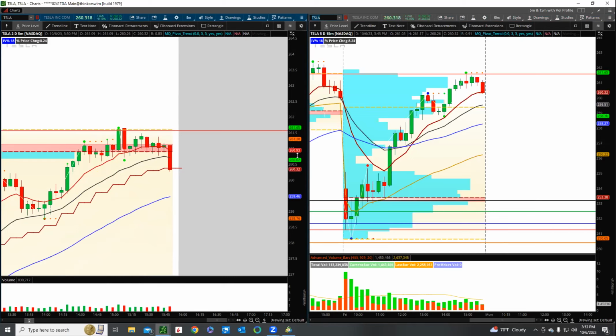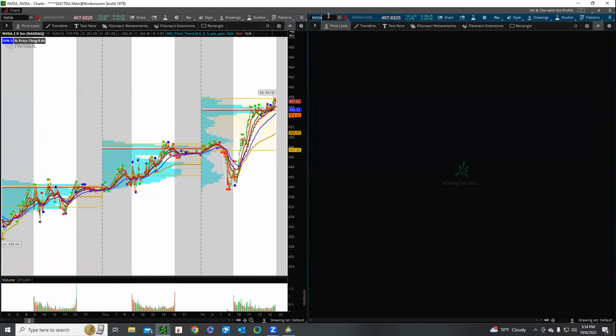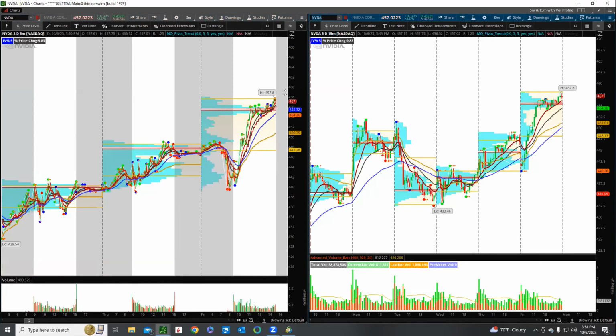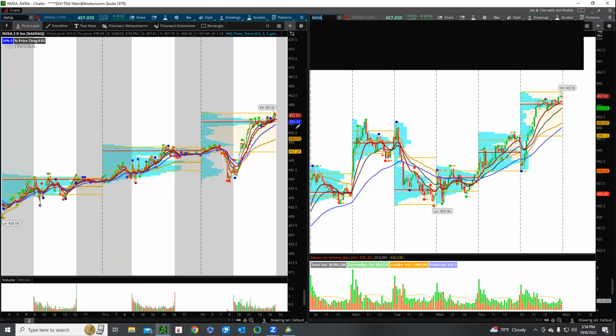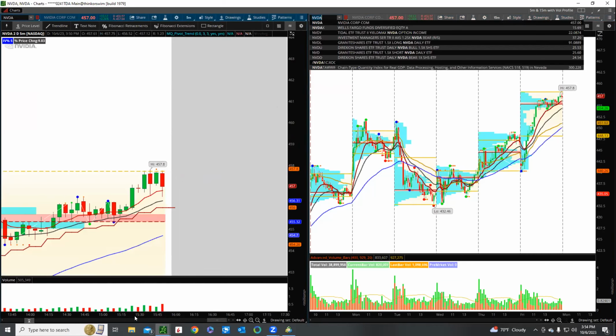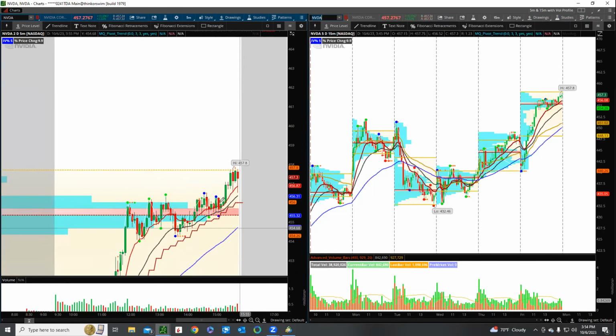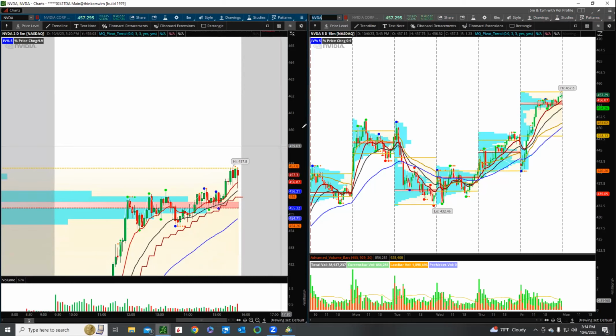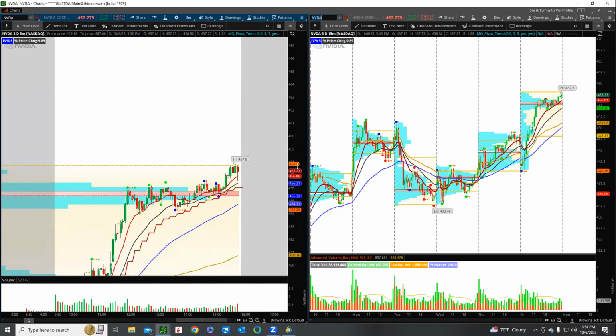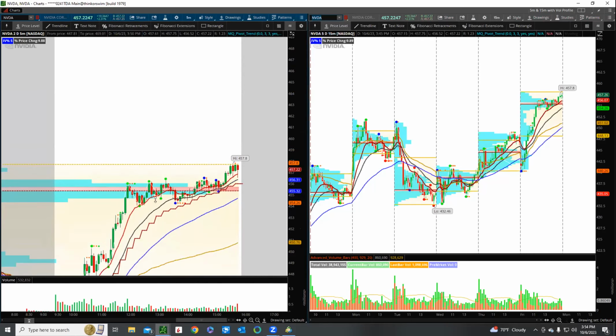I was also looking at NVIDIA. Again, I never even gave you an opportunity. What's interesting about NVIDIA, check this out. I wasn't watching when this flipped, but at some point the point of control moved up.